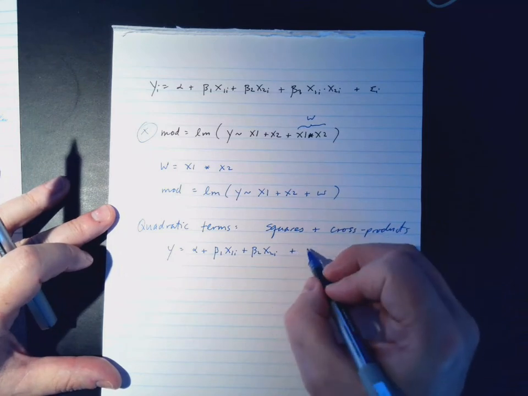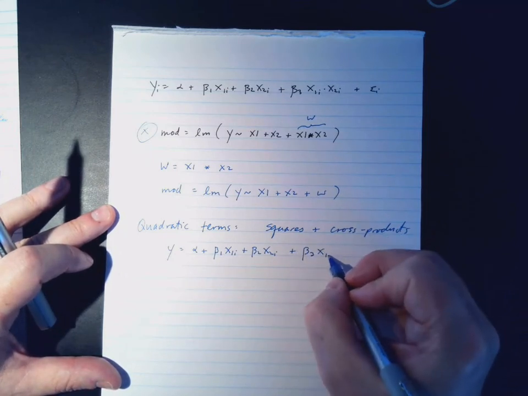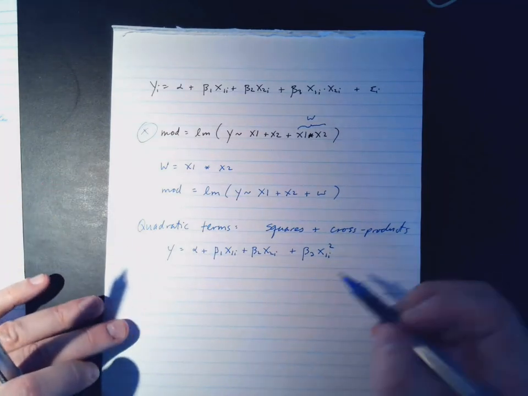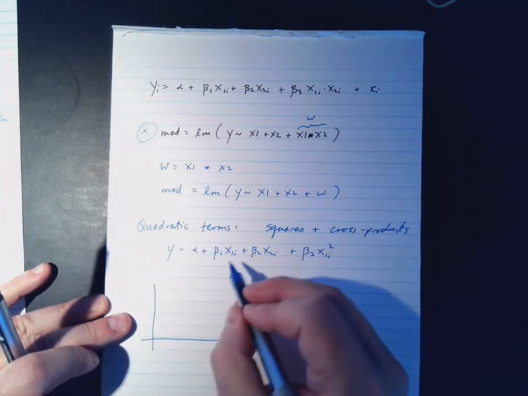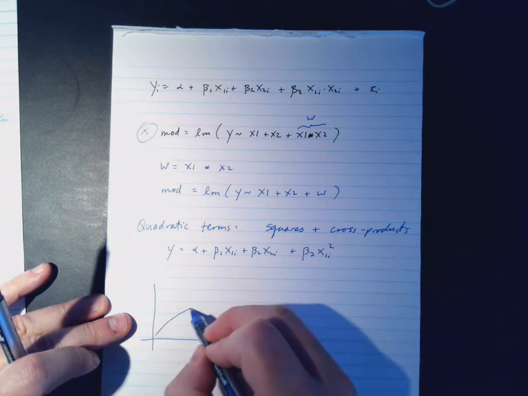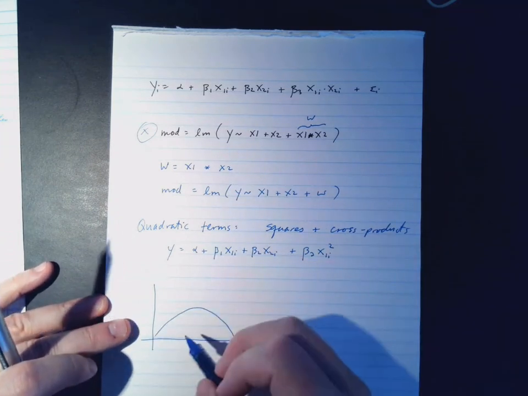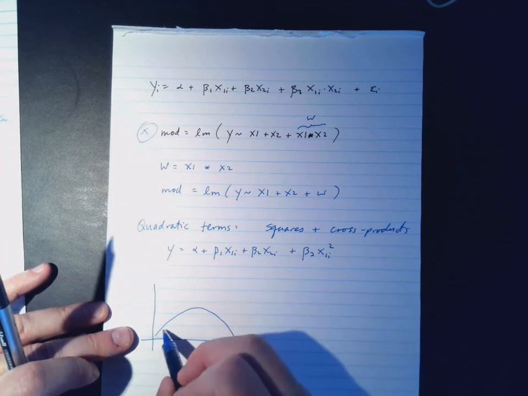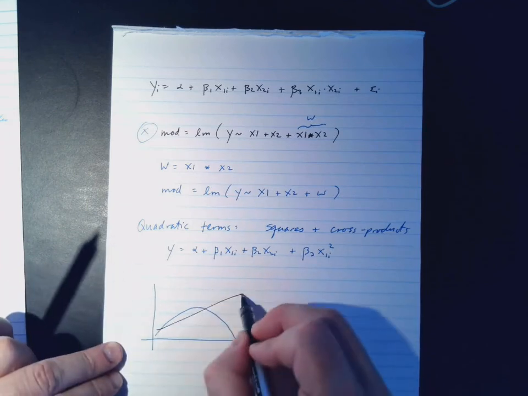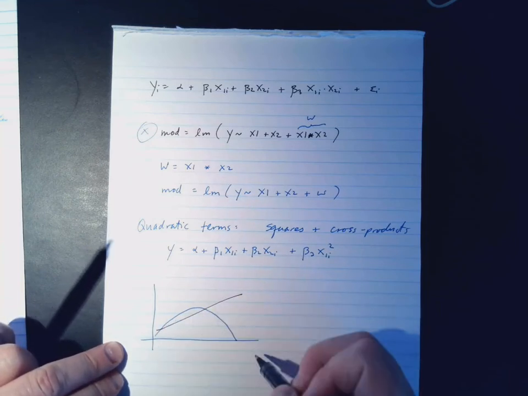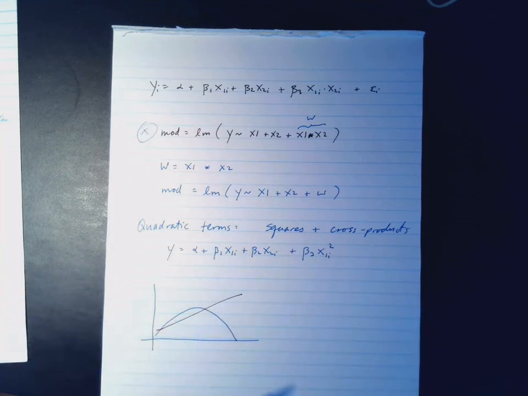So we'll have beta 3 x1 squared. And depending on the coefficient values, that means we could get a shape that looks like that. So if you want to avoid forcing the function just to be a straight line upwards, if you want to allow it to have a curvature, then that's a simple way to do it.